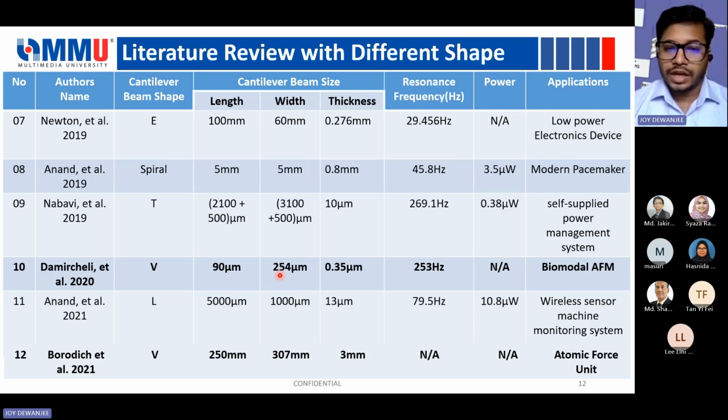For the V shapes, I found two papers: one for biomedical methods and another for an automotive force unit. In the first, they found a resonance frequency of 253 hertz; in the other, they did not mention the frequency or the power they found.